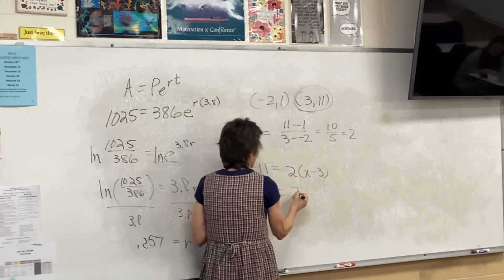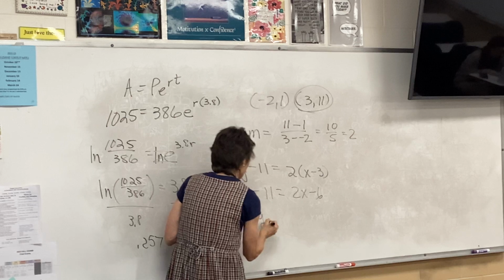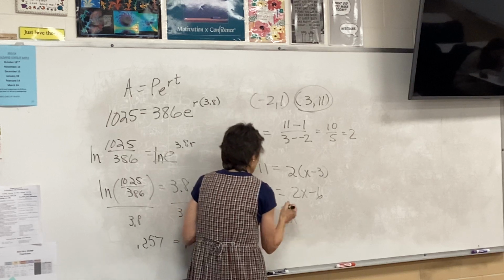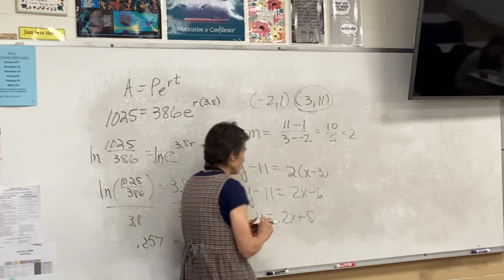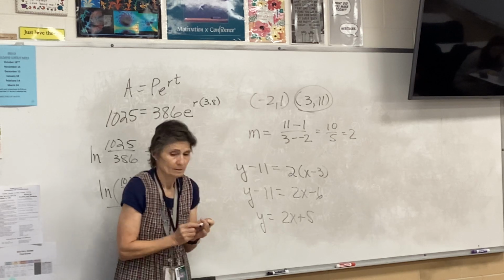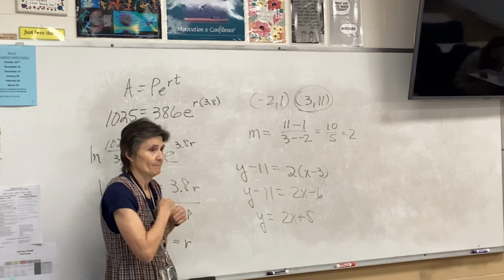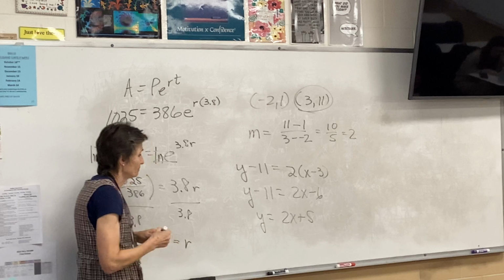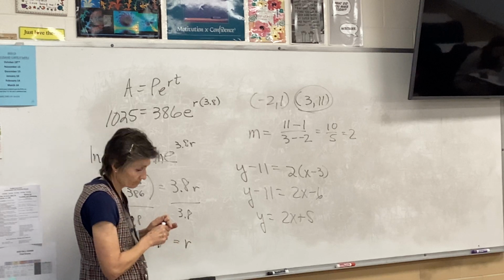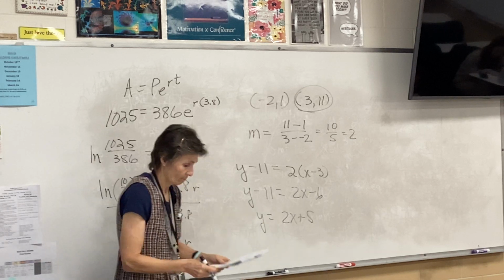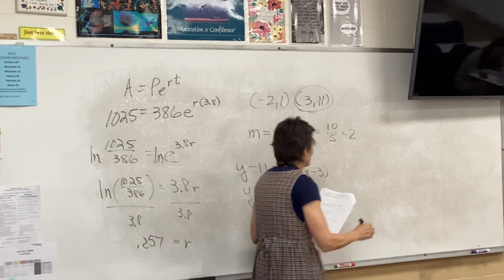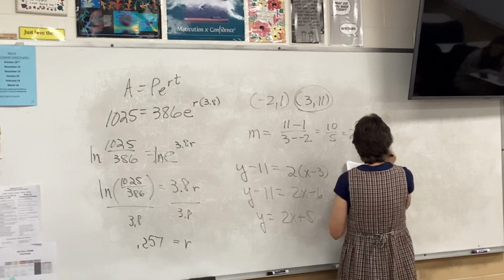So y minus 11 equals 2x minus 6. 2x plus 5? Does that seem about right?